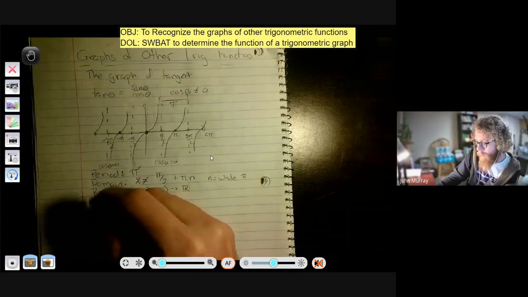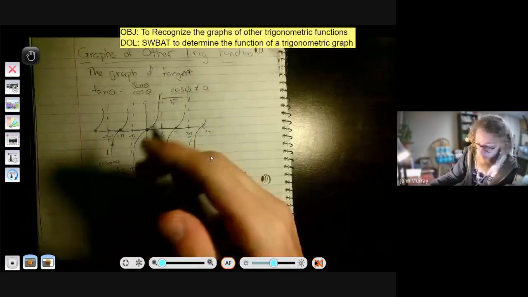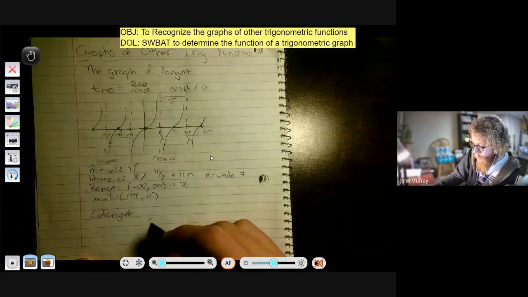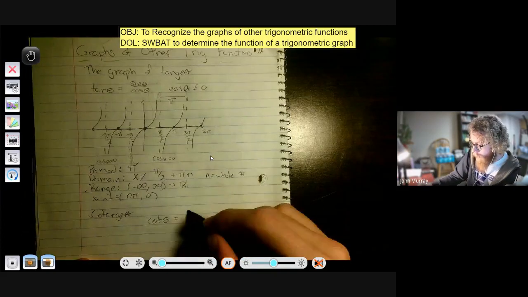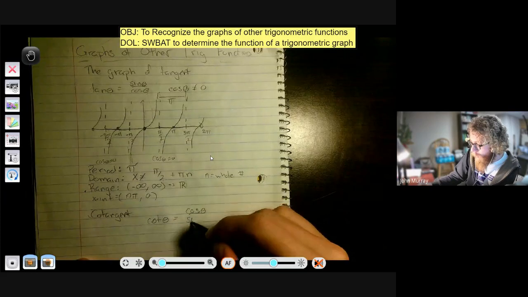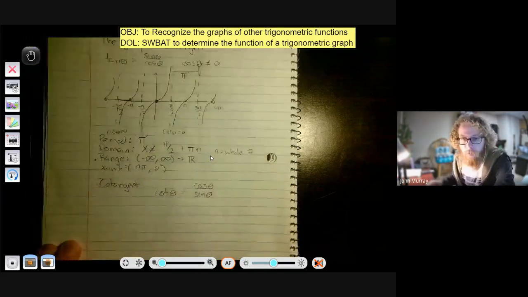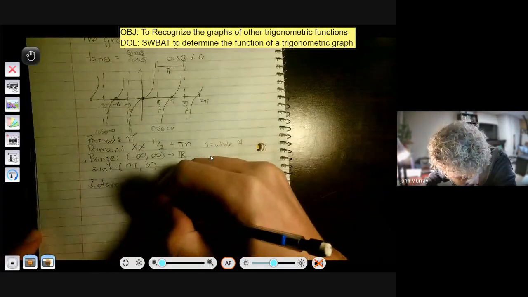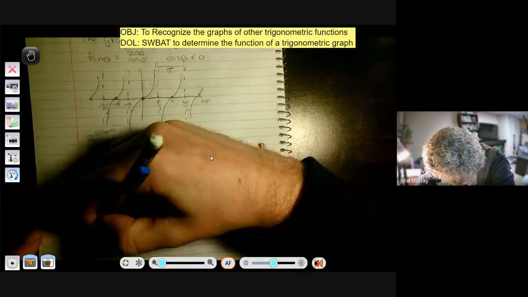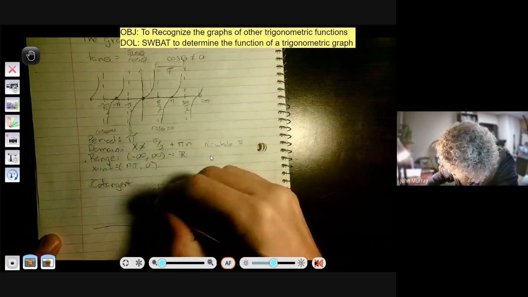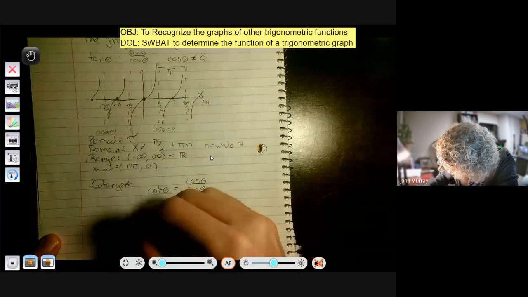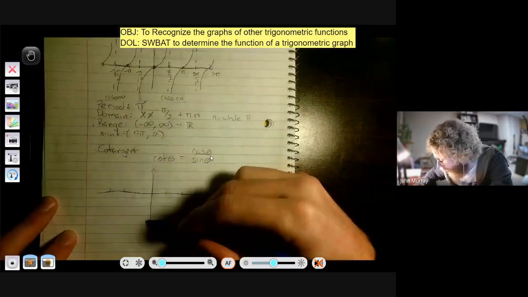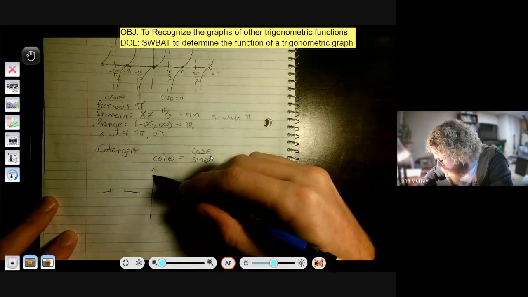Our cotangent function. Oh, that's not how you spell cotangent. Well, we know that cotangent is the inverse of tangent. So it behaves somewhat similar, but because sine is in the denominator now, our asymptotes are where sine is equal to 0.